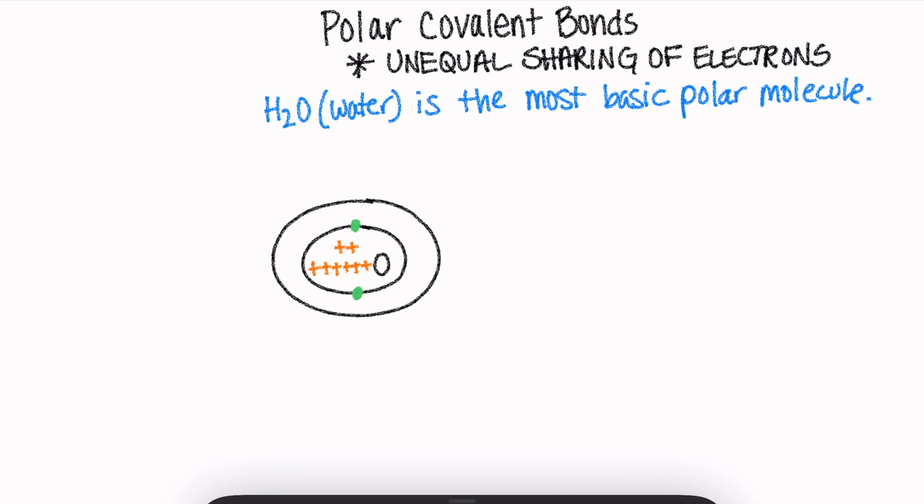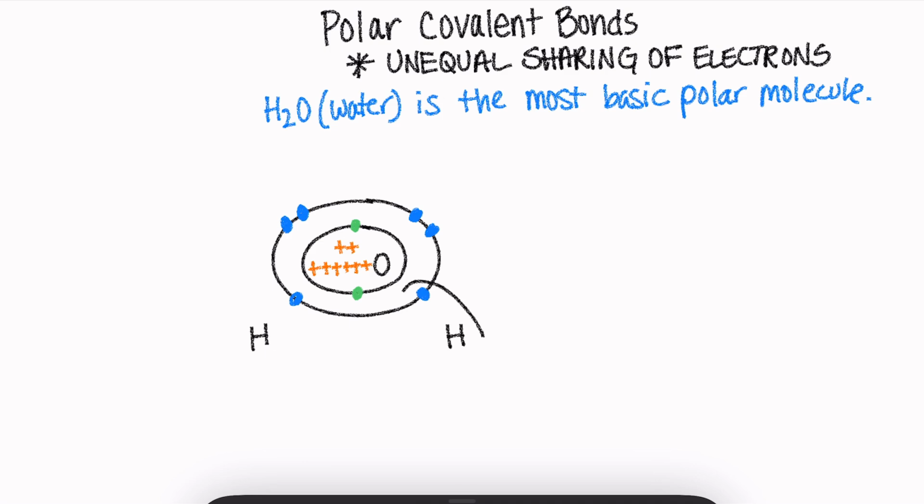And I'll use blue like I did on the previous page. So some of these are going to end up being unpaired like this. Let's put them over here. See these 4? But remember, it has 6 altogether. And so it's going to share one of those with a hydrogen here and one with a hydrogen here. I'll put the hydrogen right here and right here.